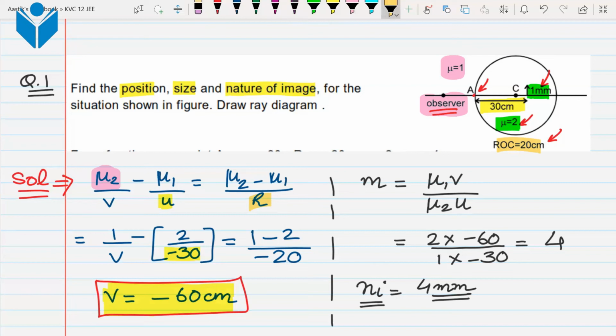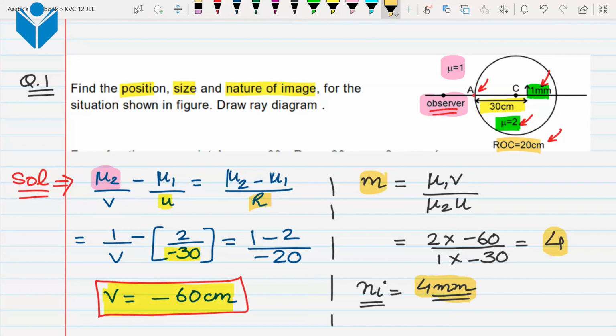Well done, because the magnification is coming as positive. The height of the image is coming as positive. That means the image is erect, yes or no? Yes, sir. The image is erect and therefore the image is virtual. Everyone got this? Yes or no?